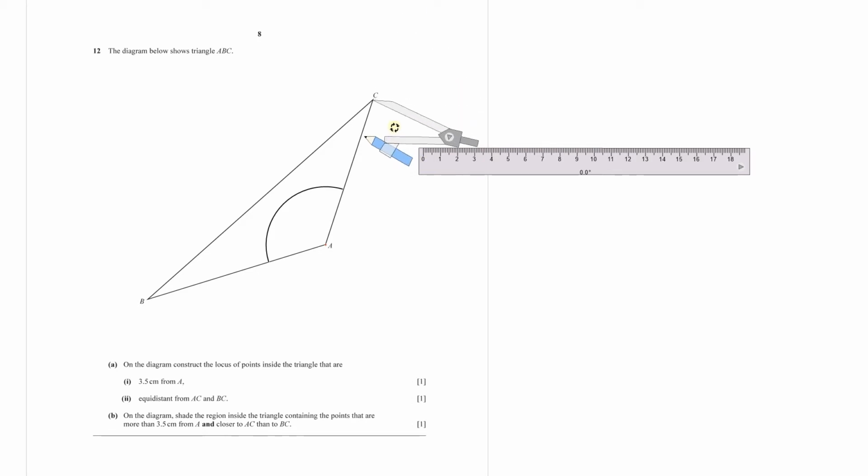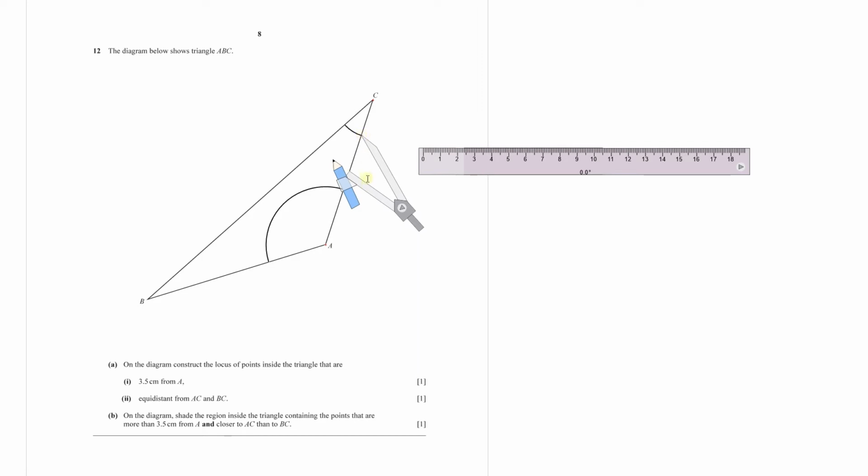And then to draw the angle bisector, first you draw an arc that connects the two lines that make up the angle, which are BC and AC in this case. Then you place your compass on the points where the arc intersects the two lines.